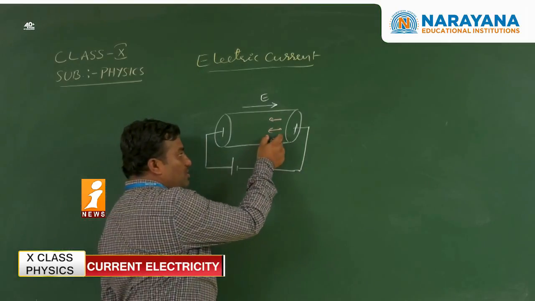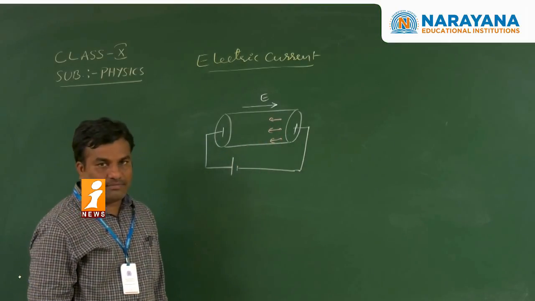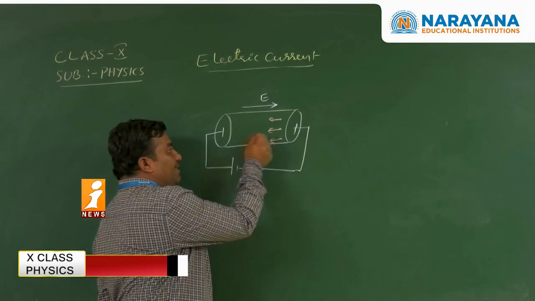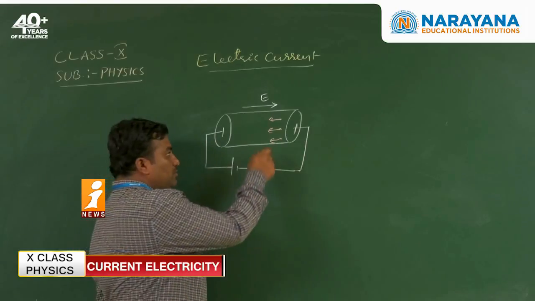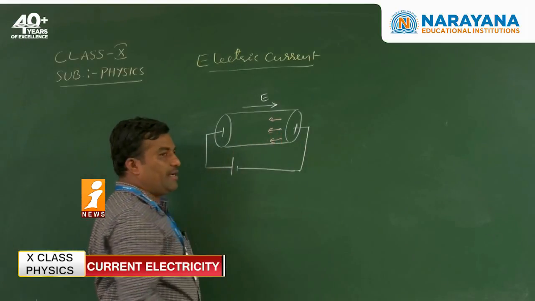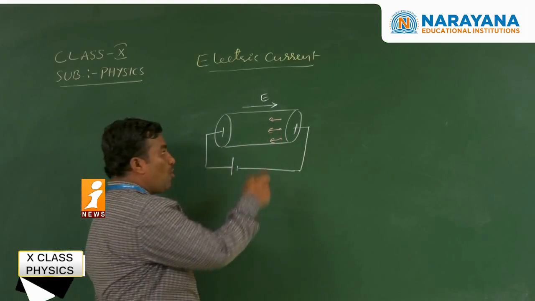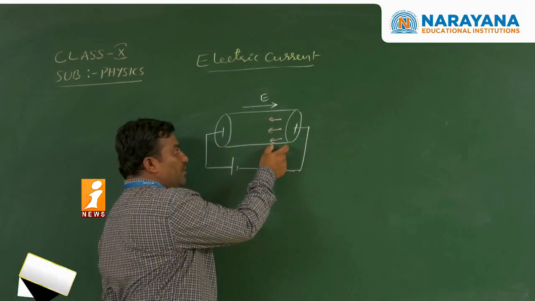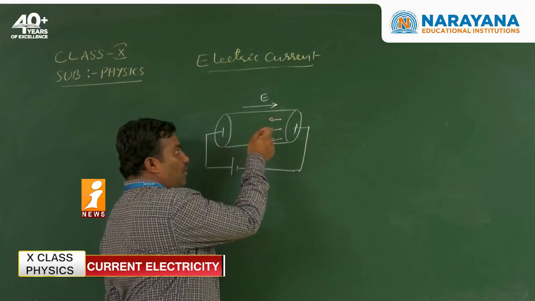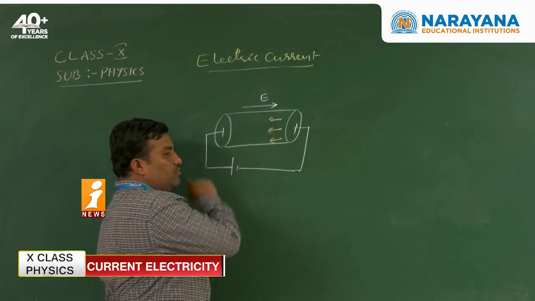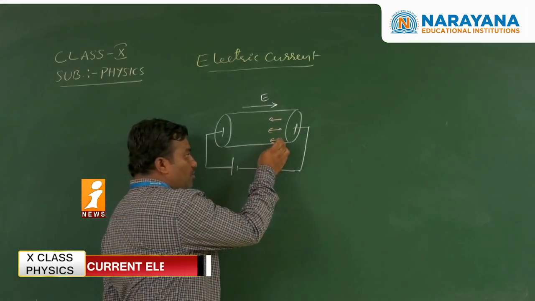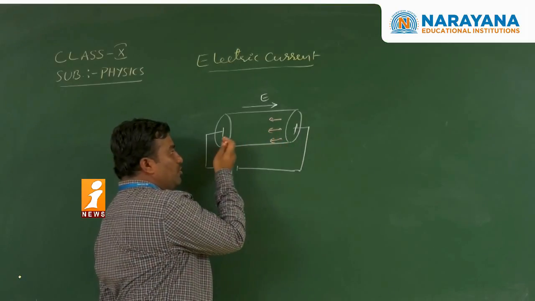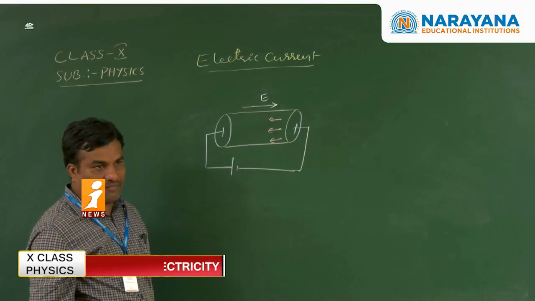These electrons collide with lattice positive ions. So the electrons travel from one end to another end opposite to the electric field.